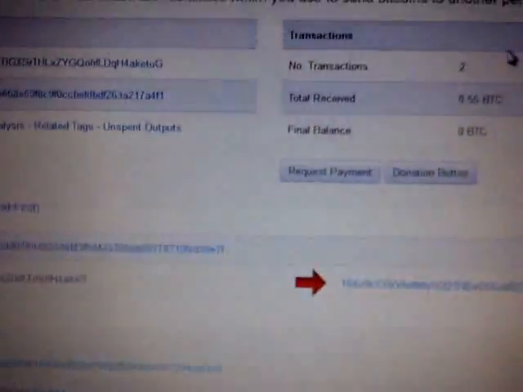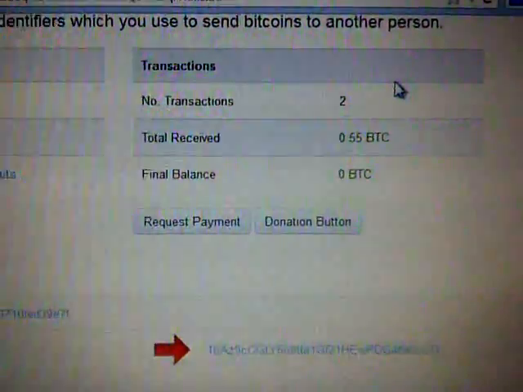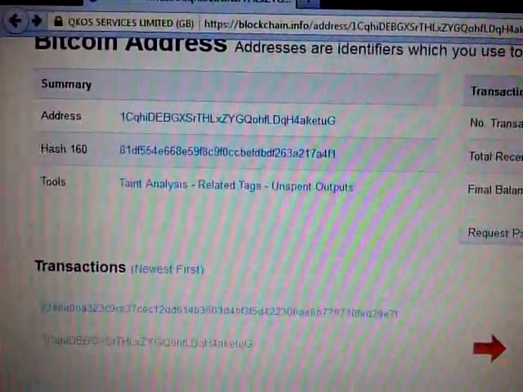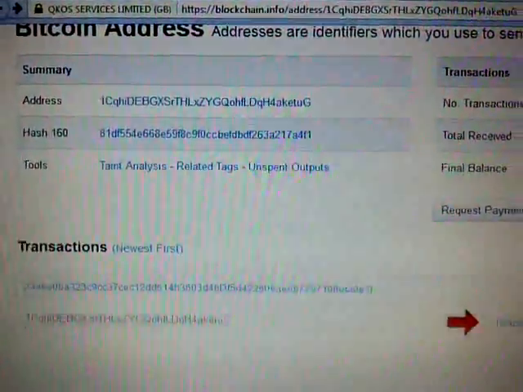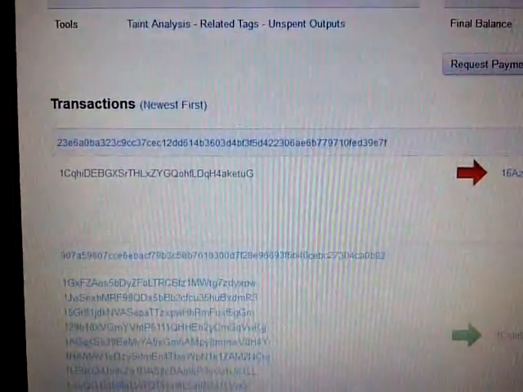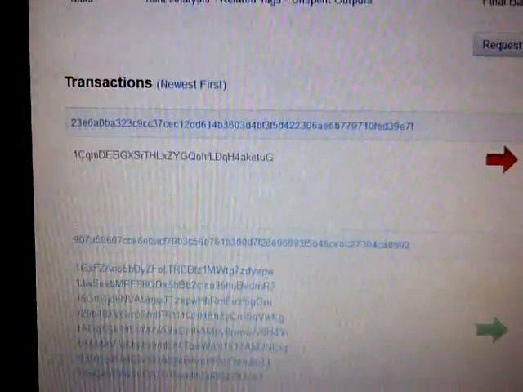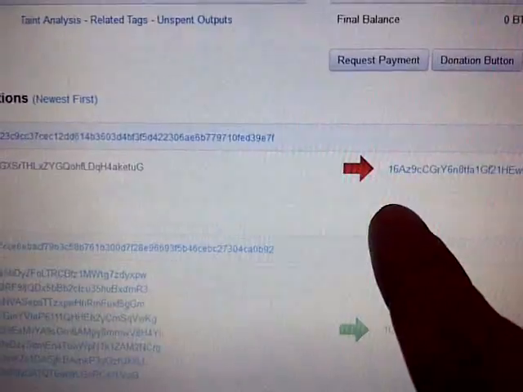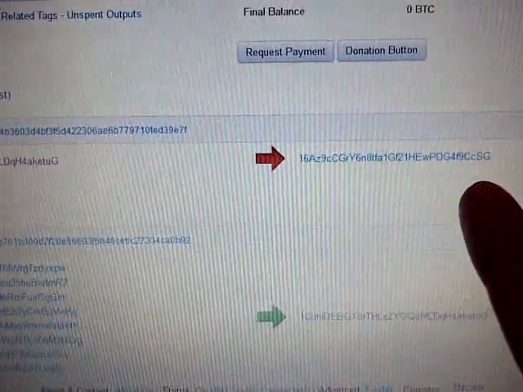There are two transactions for this much Bitcoin, and this is the address key right there. That's this address key, and then it's going out to this.